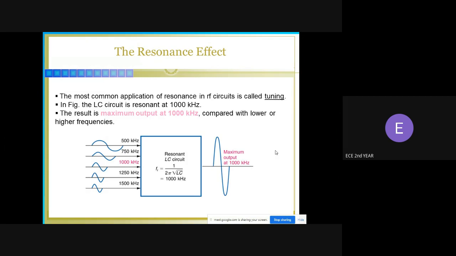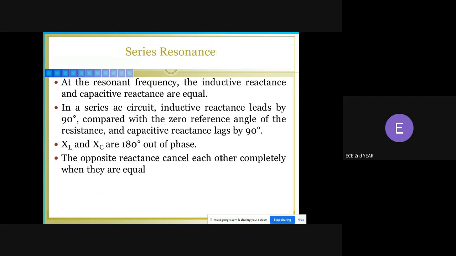Both inductor and capacitor are variable, so by changing them we can get the required frequency as output. This is the main application of the resonance circuit. In communication, the resonance circuit plays a vital role in getting the exact frequency and in tuning applications. Now we are going to discuss series resonance.